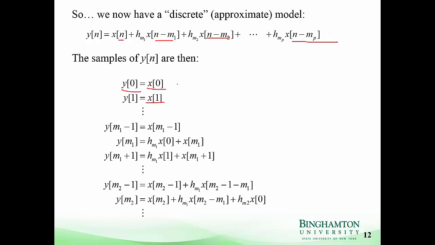This is my last instant where I get a sample from just the direct path signal. Then at the next instant, I get the next sample from the direct path signal, but I start getting the first x of 0, but delayed because it was the first little wiggle that bounced off the reflector, took a little bit longer to get there, and gets multiplied by a number to represent that some of the energy was lost in that reflector. And so on and so on.